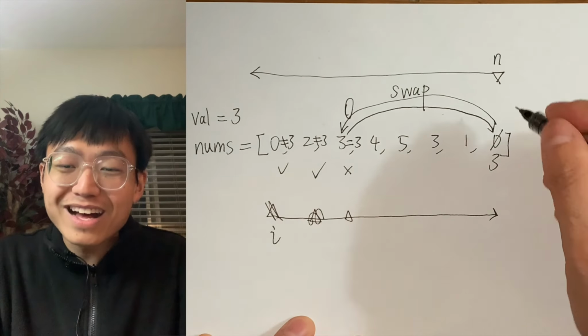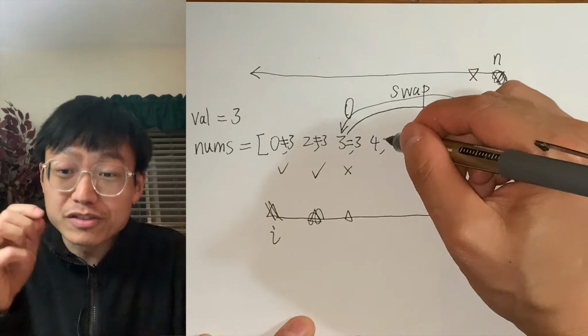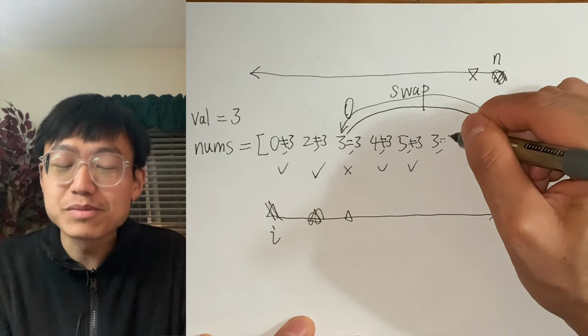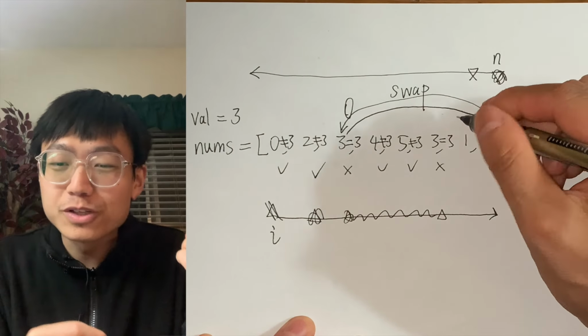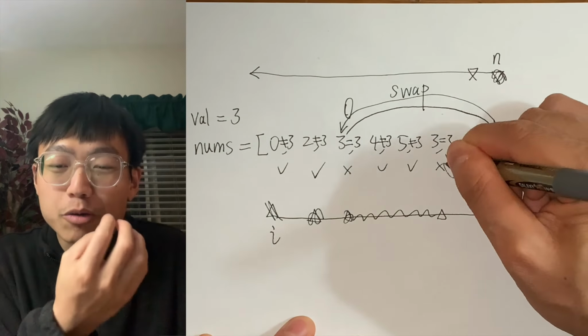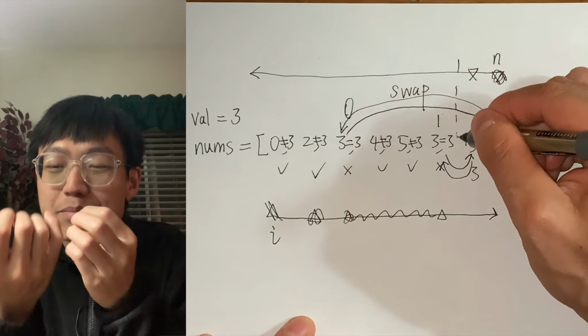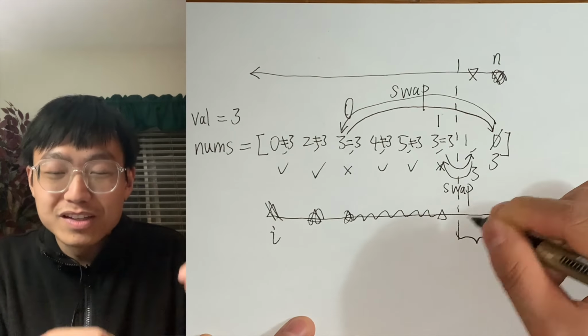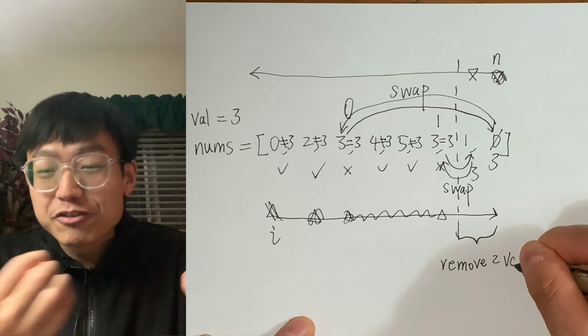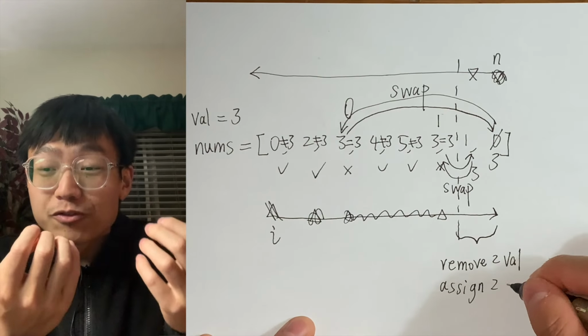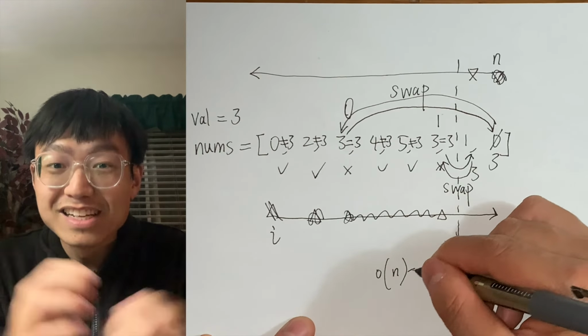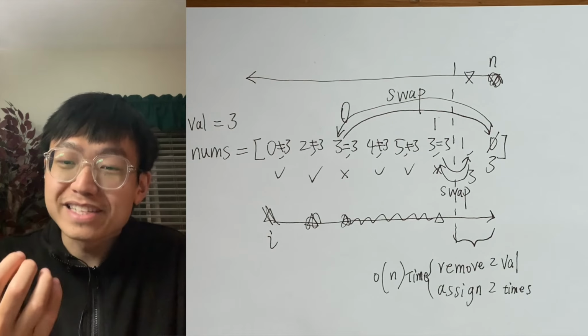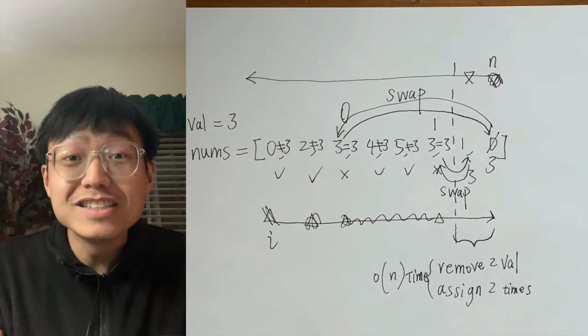So both i and n travel at most n steps. In this approach, the number of assignment operations is equal to the number of elements to remove. So this is more efficient if the elements to remove are very rare. The time complexity is still O(n).